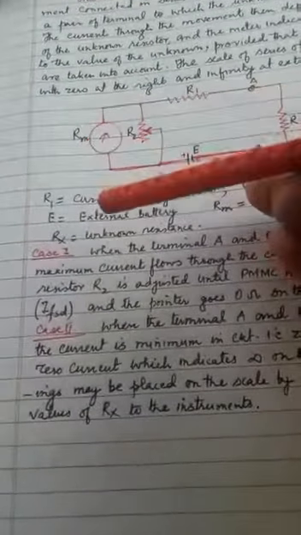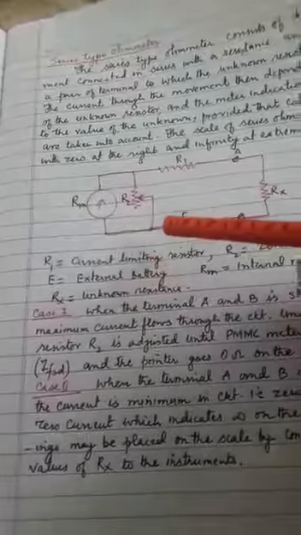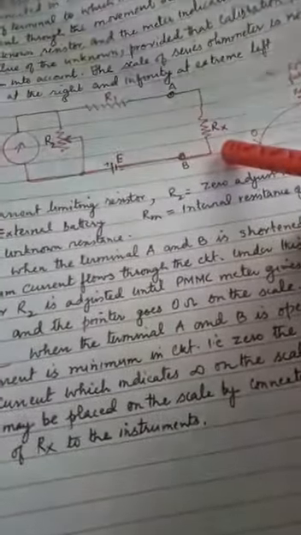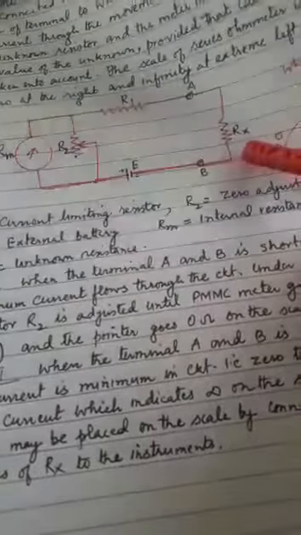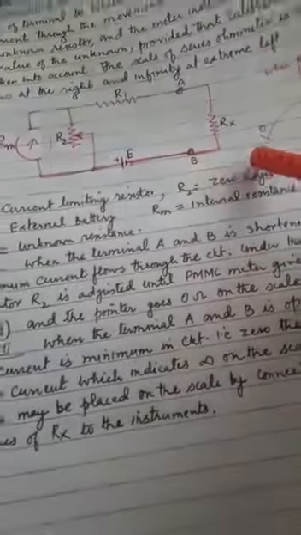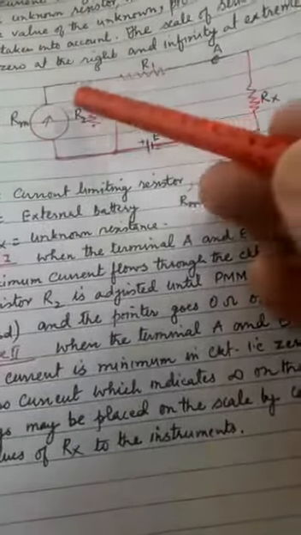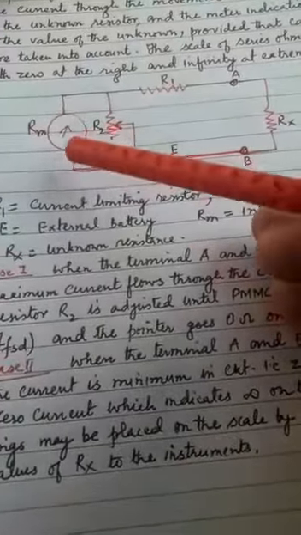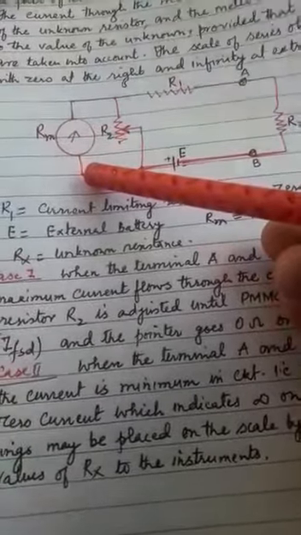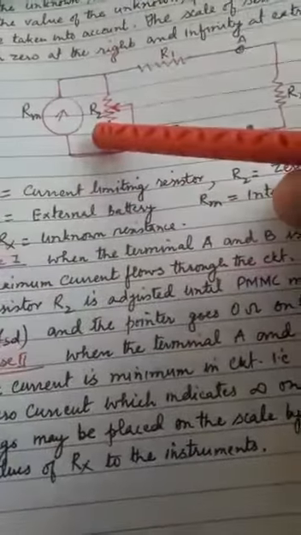And this was the procedure: how the resistors and the battery are connected in series, and how Rx is kept at 0 in the first case, with full scale deflection shown by the meter.